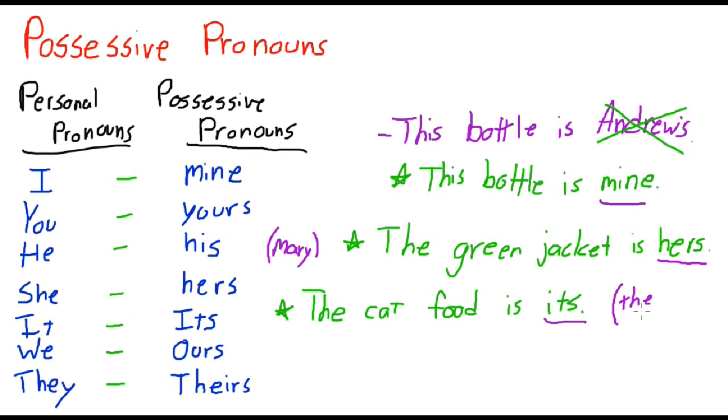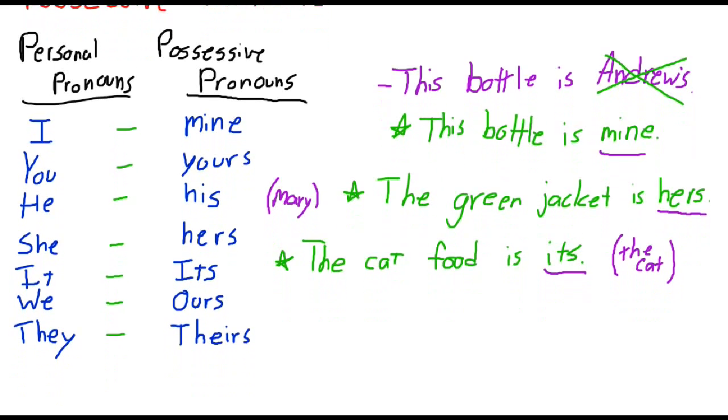But instead of saying the cat food is the cat's, that sounds a little strange. So what we could change it to is the cat food is its. Alright? So hopefully that'll give you a little better idea of how we use it. Let me give you one or two more examples.